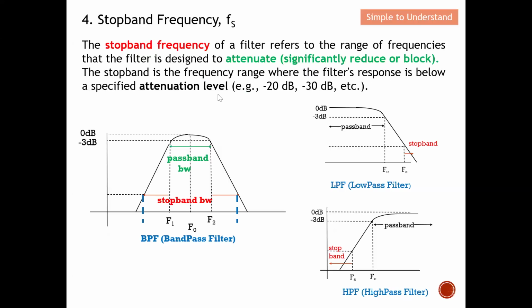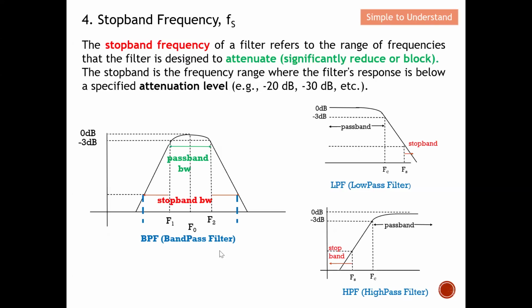Next, what is the stop band frequency? The stop band frequency of a filter refers to the range of frequency that the filter is designed to attenuate. The key objective is that they want that particular frequency range to be significantly reduced or blocked. The stop band is the frequency range where the filter response is below a specific attenuation level, for example, 20 or 30 dB below.